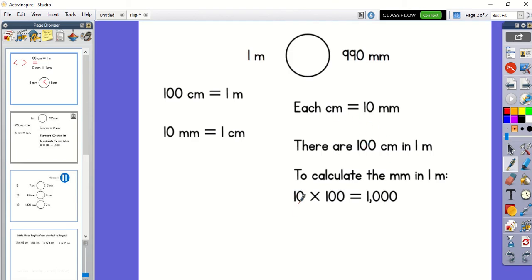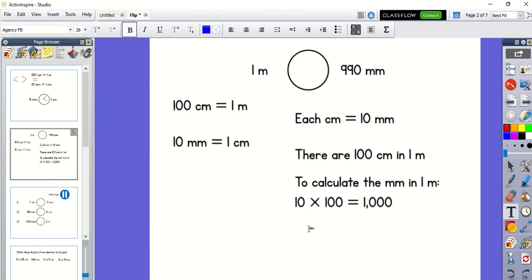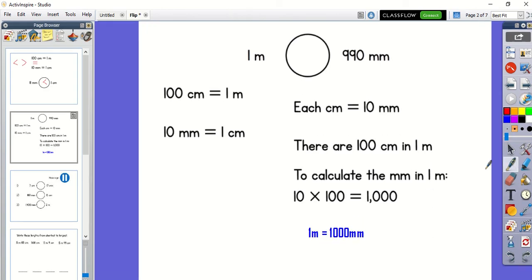So I've got to do 10 times 100, which gives me 1,000. So in order to get 1 meter, I need 1,000 millimeters. So now all of a sudden, that 990 millimeters is actually smaller than 1 meter, so my crocodile is going to want to eat it.